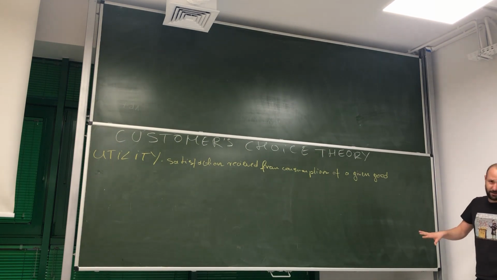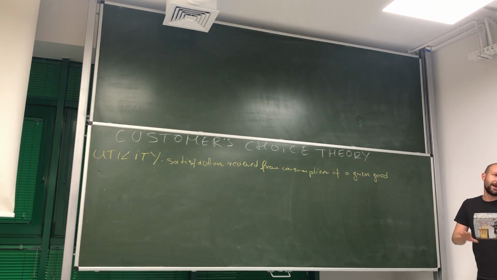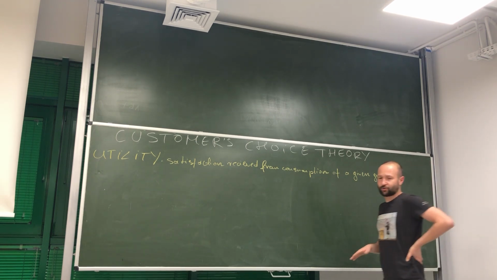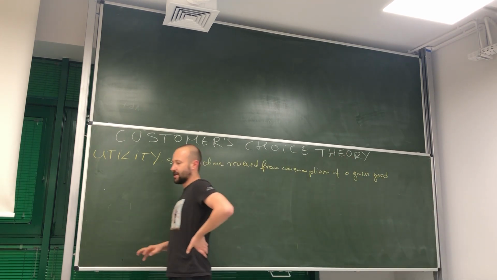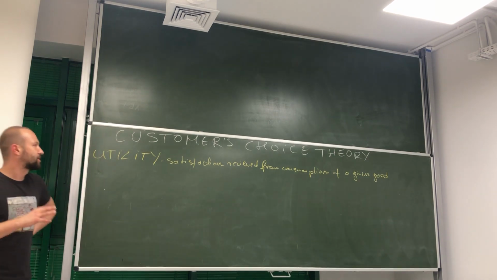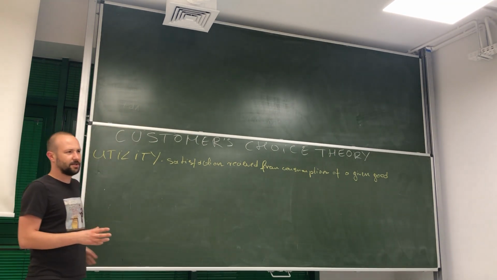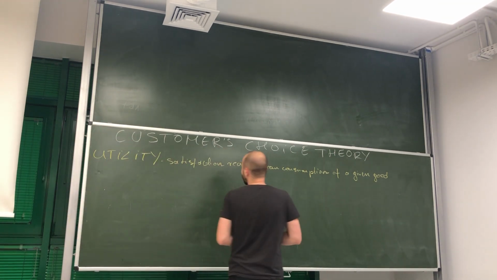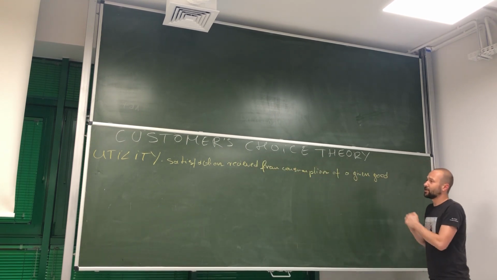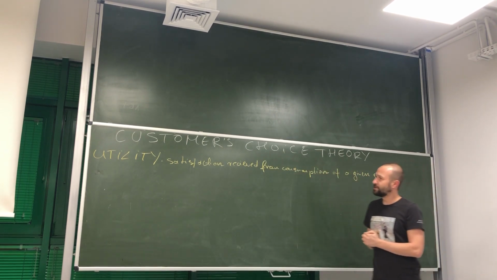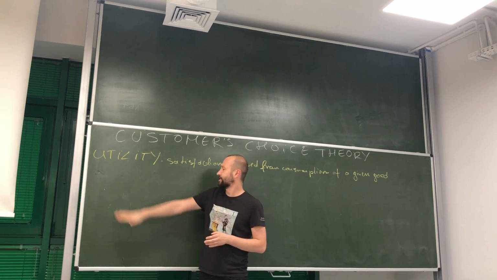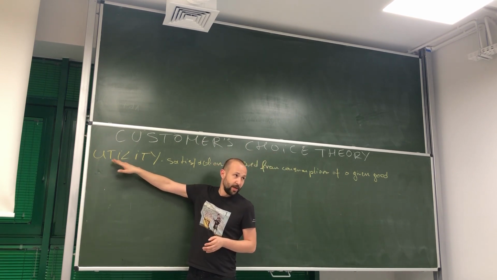But before we do so, we need to get back to basics. So let me just first illustrate a couple of concepts that we're going to use in customer's choice theory. And look, let's start with the main thing for us, which is utility.